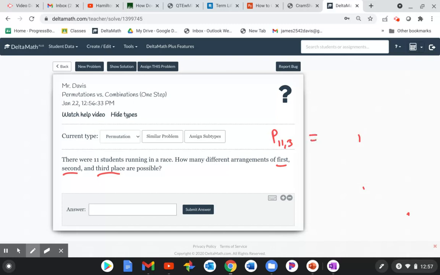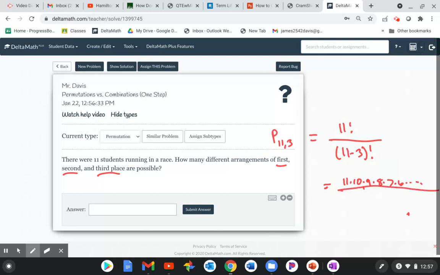Then it's n factorial, so 11 factorial over n minus r factorial. So it's 11 minus 3 factorial. So if you were to write this out, it'd be 11 times 10 times 9 times 8 times 7 times 6 all the way down. On the bottom, it would become 8 factorial because 11 minus 3 is 8. So 8 times 7 times 6 times 5 times dot, dot, dot, all the way down. And what ends up happening, this cancels, this cancels, this cancels.